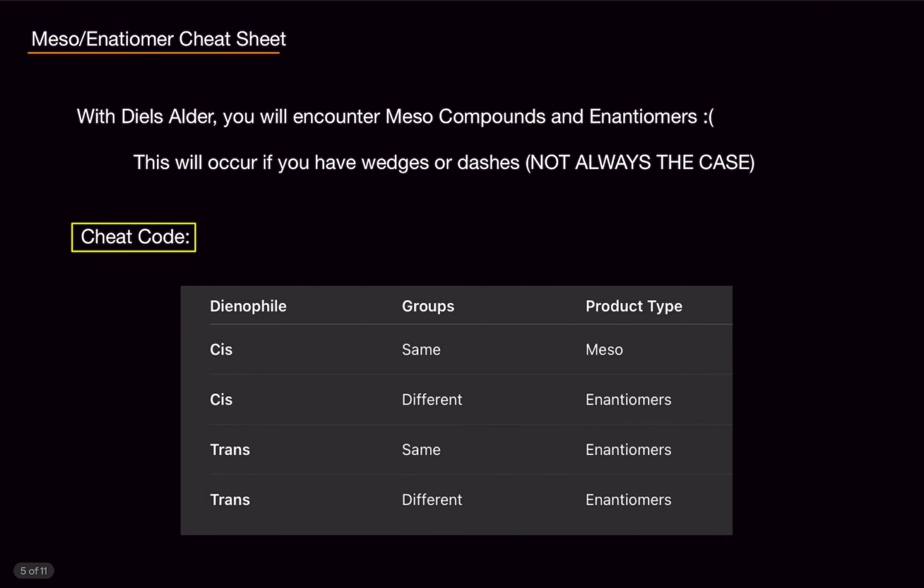Okay, let's talk about meso and enantiomers. So here's another cheat sheet. With Diels-Alder reactions, you will encounter meso compounds and enantiomers, unfortunately. This will occur if you have wedges or dashes, but this is not always the case, and I want to show you in a practice problem why this may not be the case. So here's a cheat code.